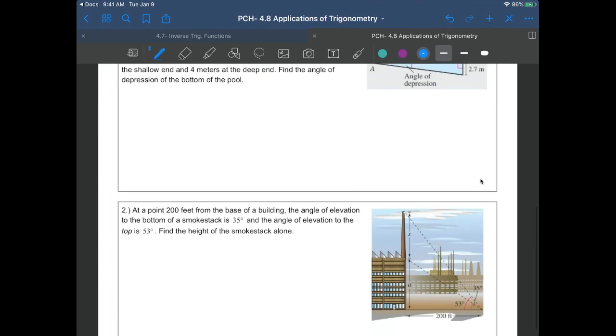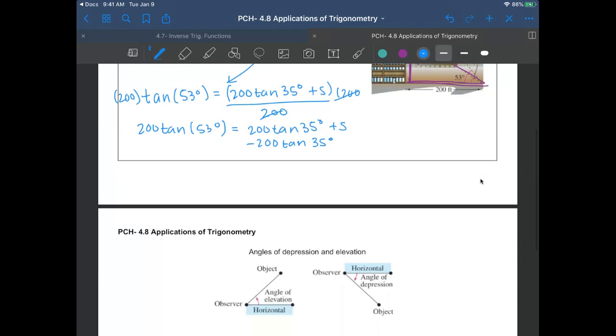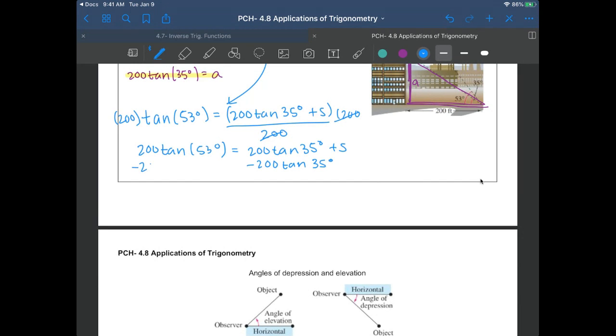Subtract 200 tangent 35 degrees, and I get s is equal to about 125.37 feet. That's my dog playing with his best friend.